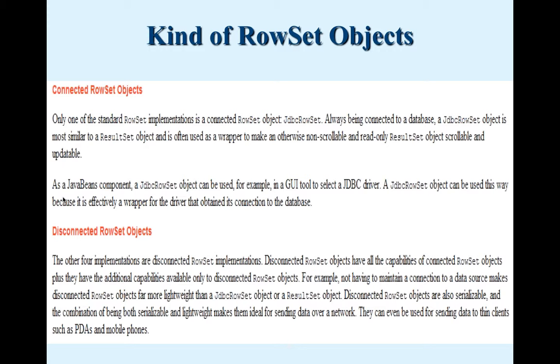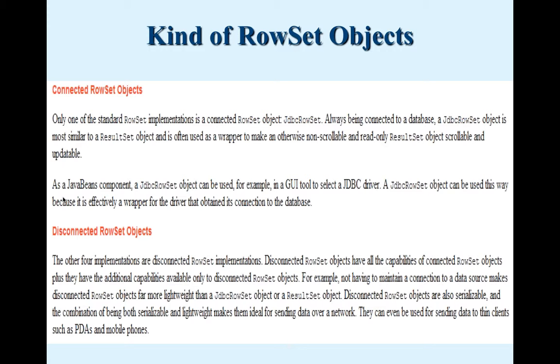As a Java Beans component, a JDBC row set object can be used, for example, in a GUI tool to select a JDBC driver. A JDBC row set object can be used this way because it is effectively a wrapper for the driver that obtained its connection to a database.